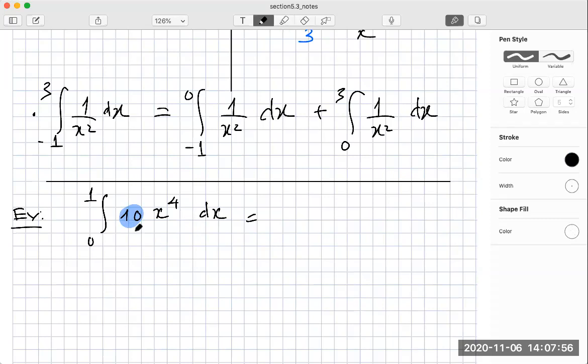But before doing this, we can use the properties: c multiplied with a function, where c is a constant, we can take it out of the integral. So it makes our life a little bit easier. So let us do it first. Okay.